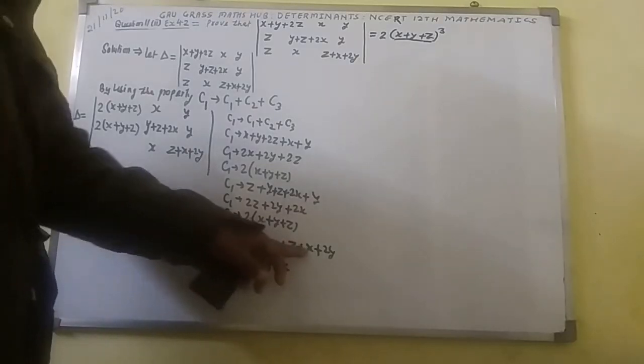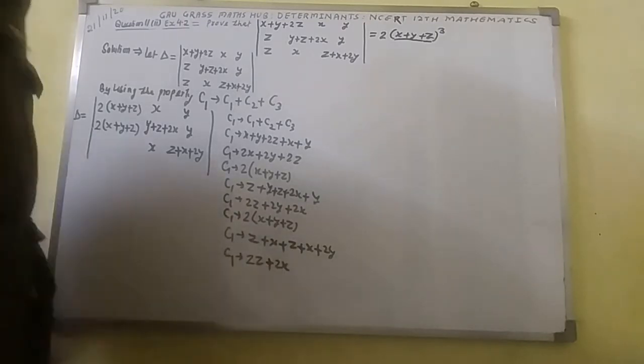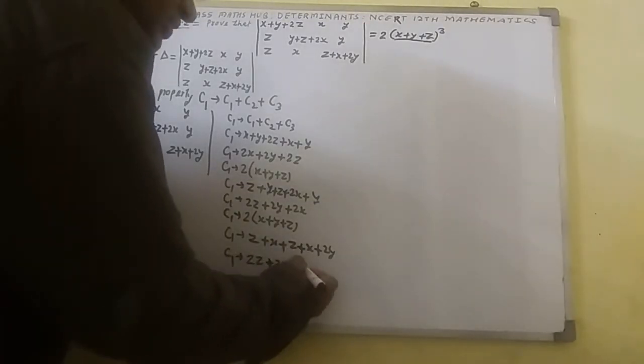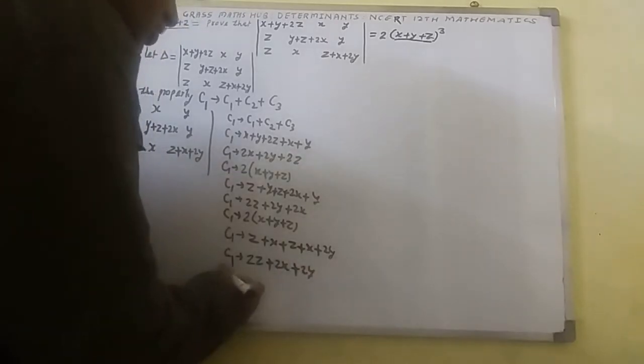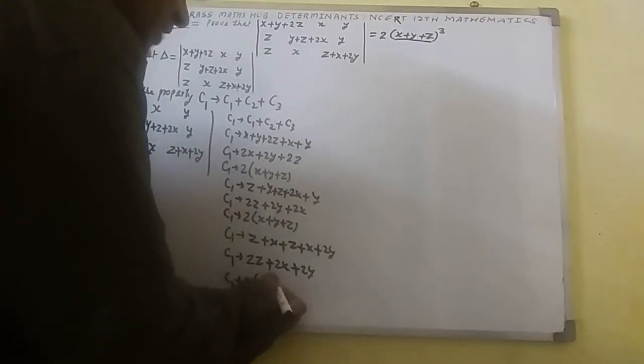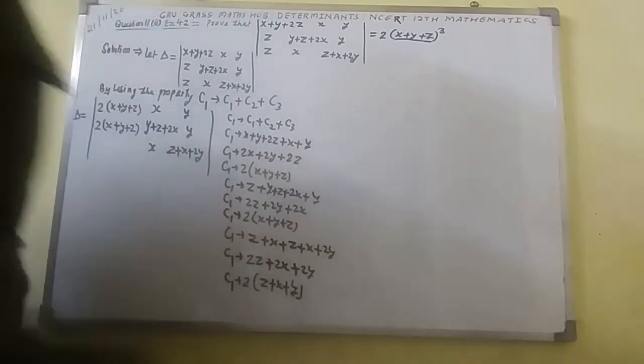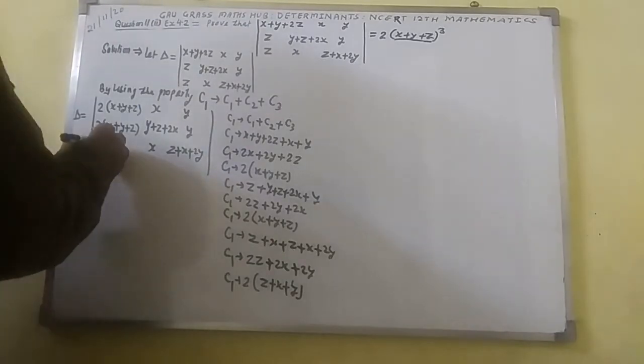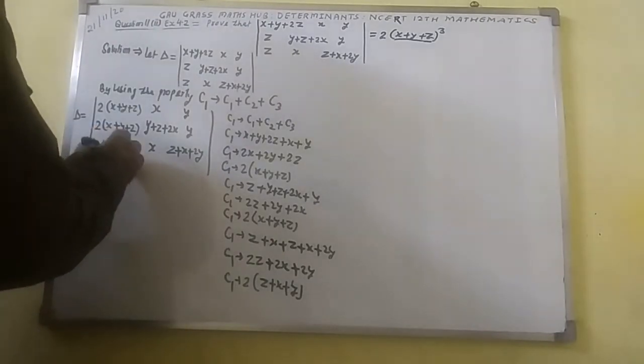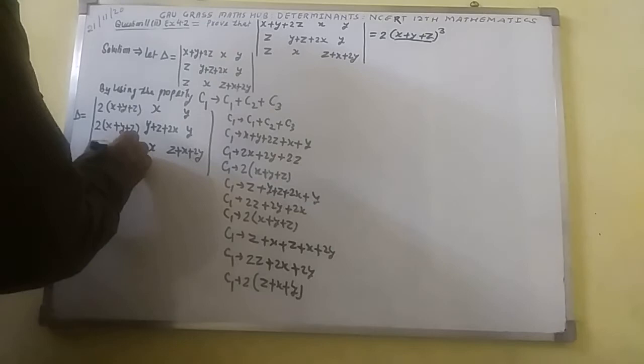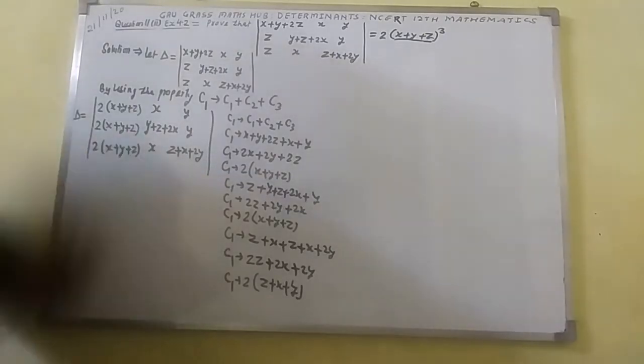This x will be added together, you will get 2x. And here we will get 2y. If you take 2 common, you will get z plus x plus y. So here I shall write 2 in bracket x plus y plus z. This thing we have got.